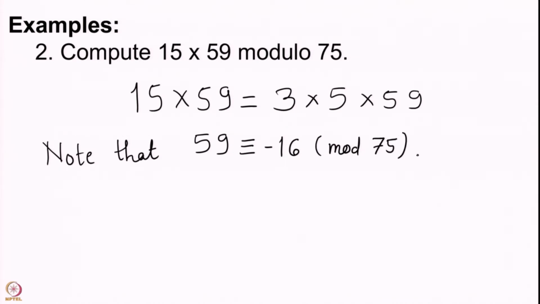If you add 16 to 59, that is adding 1 first and then adding 15, so you will be adding 15 to 60, you will get 75. So, as long as the arithmetic is happening modulo 75, we can replace 59 by minus 16. That makes our problem much simpler.